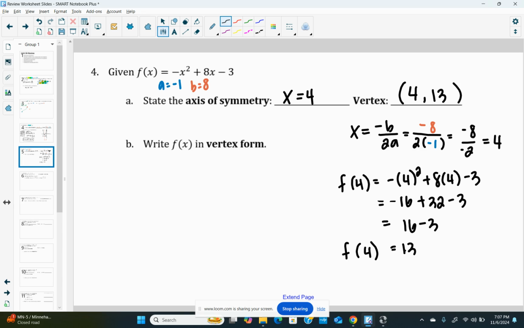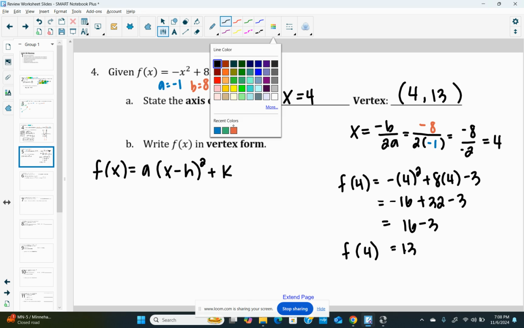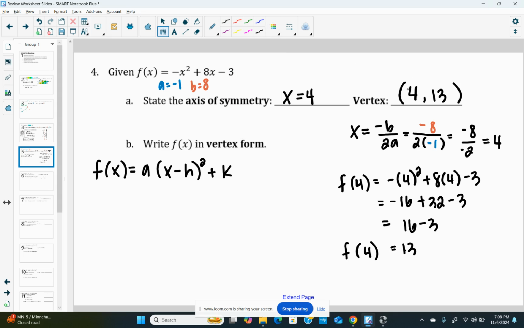So then you can write this in vertex form, because remember that vertex form is a times x minus h squared plus k. And our h value here is 4. So we'll just plug in a 4 for this h. So this is going to say x minus 4.